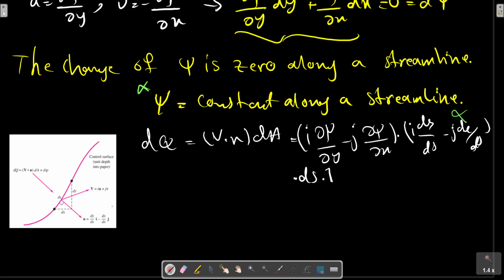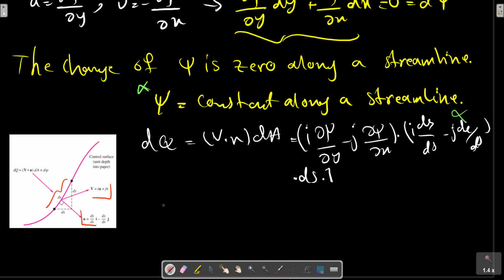As shown in the picture, we have the unit vector here and the velocity vector in this direction, with the element delta s and the unit depth into the paper.